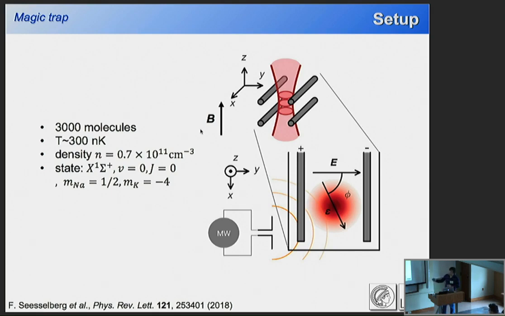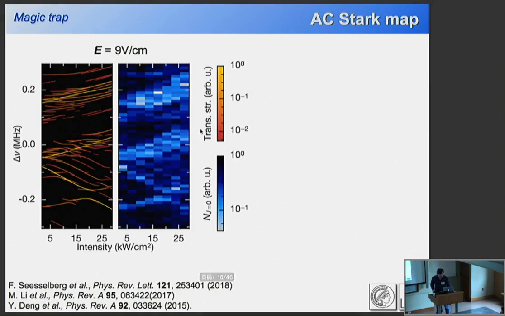The light polarization can be controlled by the wave plate, so you can rotate to an arbitrary angle between the light and the E field with a precision of half a degree. And we use a dipole antenna to generate microwaves to manipulate the rotation.